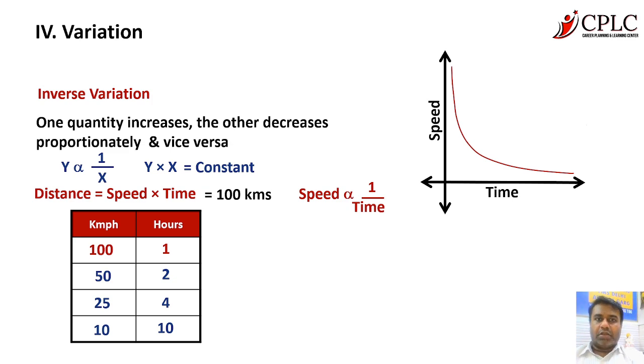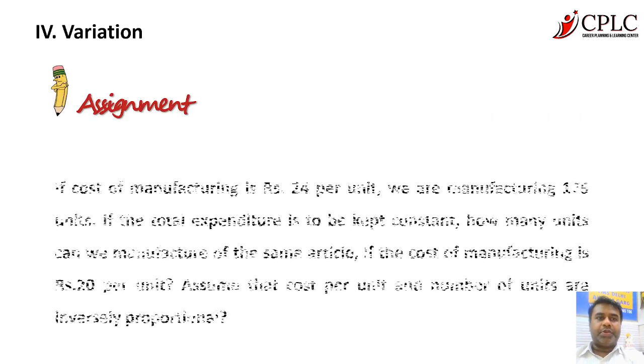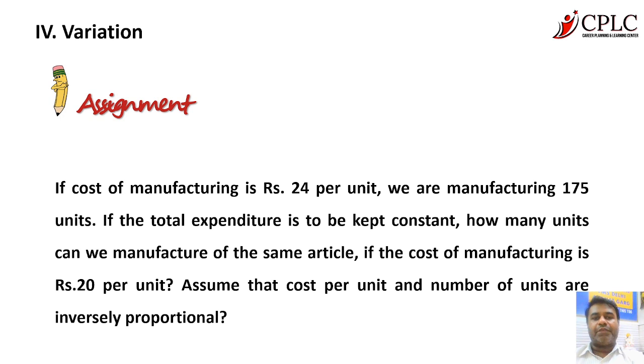Got it? Okay, let's take an example. If the cost of manufacturing a particular product is 24 per unit, so this is the cost per unit, so this is price. We are manufacturing 175 units, so this is quantity. So we are comparing price with quantity. If the total expenditure is to be constant, so what is the constant part?